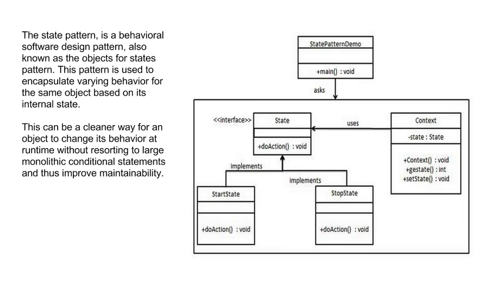So if you look at the state hierarchy on the left, you see that we have a state as an interface at the top, and start state and stop state are the two concrete states that this context can be in. Now, moving back to the context for a little bit, note that it has methods which allow you to set a state on it and get a state on it.